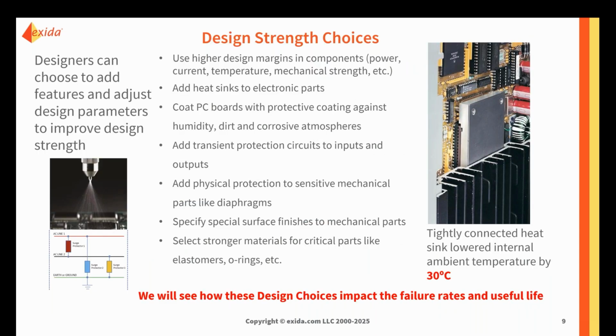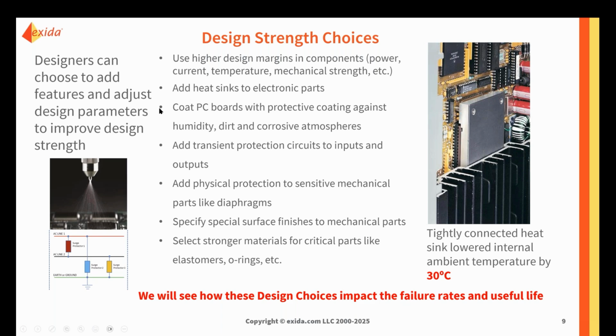What design strength choices am I talking about? You can use higher design margins in your component selections. That's a principle called derating. You can use parts that will handle higher power levels, higher current levels, higher temperatures, higher mechanical strength. Higher strength lowers failure rates. We can add heat sinks to electronic parts, lowering the temperature, which decreases the failure rates.